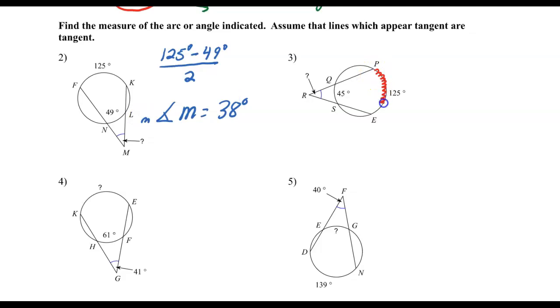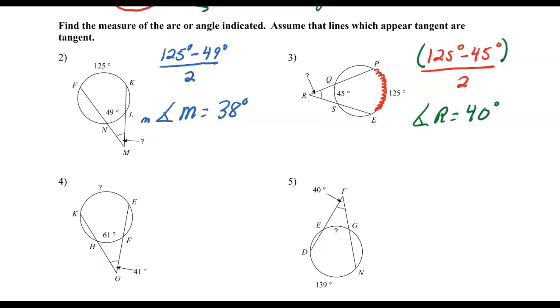In problem number 3, again, big arc minus small arc, so 125 minus 45 over 2. If you're using your calculator, again, you want to use parentheses. And angle R is equal to 40 degrees.